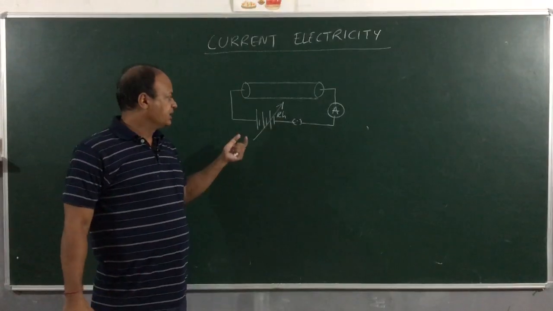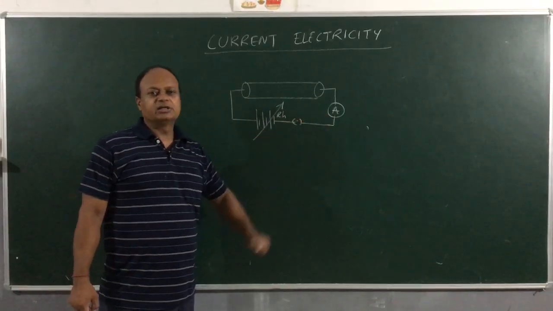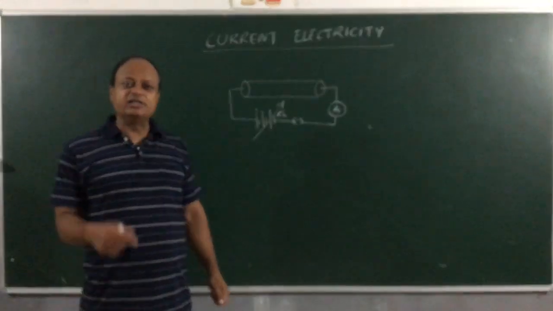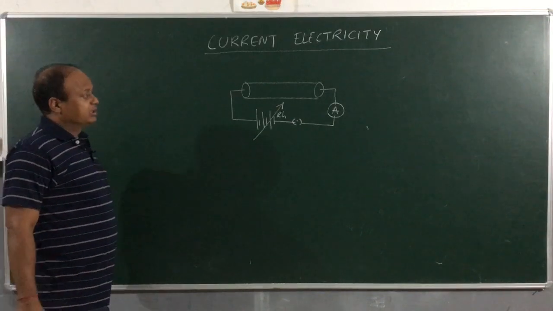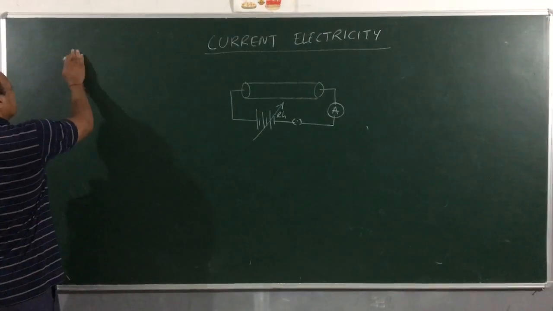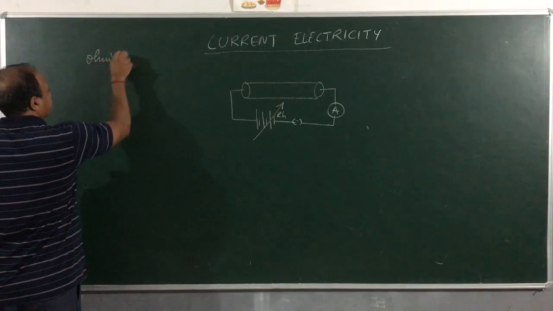We will find that more is the applied potential difference, more is the current. In fact, in case of metals, this relation is a linear relation. It was studied by a German physicist, Simon Ohm. So we will be studying Ohm's law.